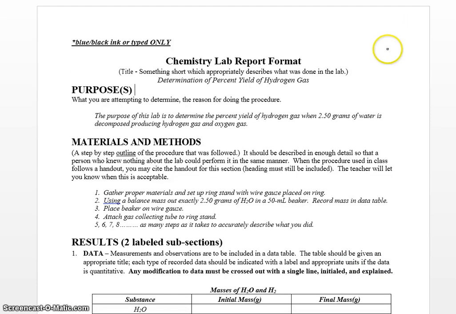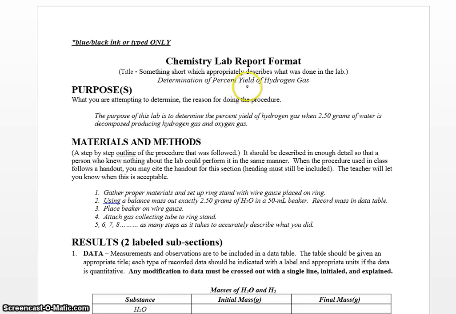Okay. So the first thing that you're going to want to have as part of your lab report is the title. The idea for the title is that it isn't very long, but it appropriately describes what you're doing in the lab. For example, if you look at the sample title that we've given you here, determination of percent yield of hydrogen gas, you read that title, you can tell what is being done in that experiment.